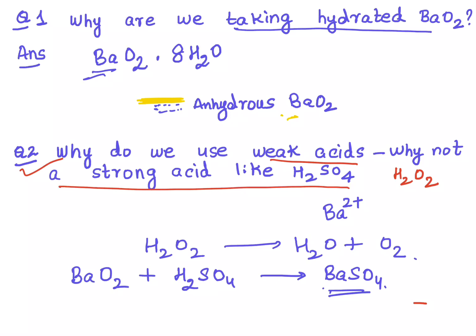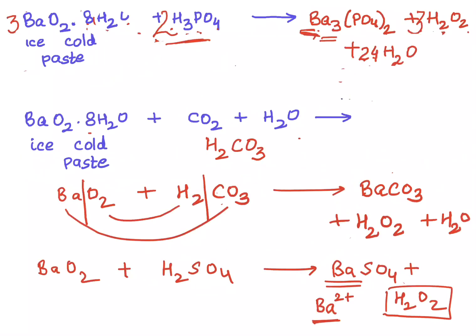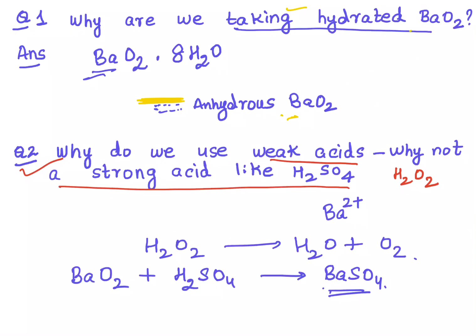No. That is why we are taking this barium peroxide in the form of a hydrated salt, and we will use it as a paste. If you notice in the previous slide, I have written it as ice cold paste of hydrated barium peroxide to be used. I hope that answers both the questions.